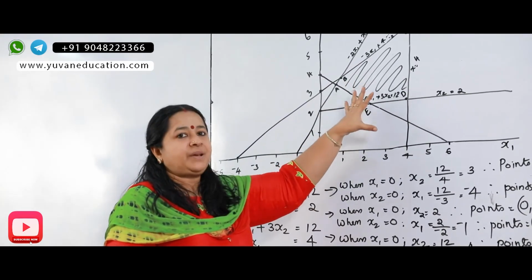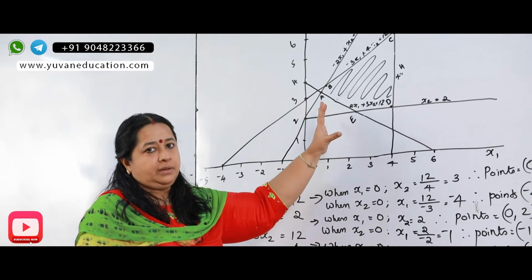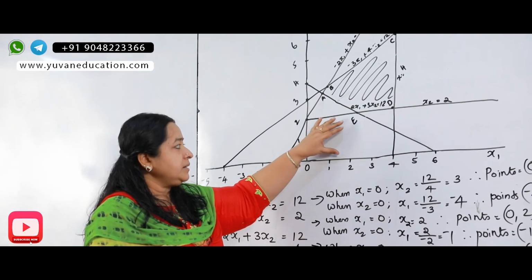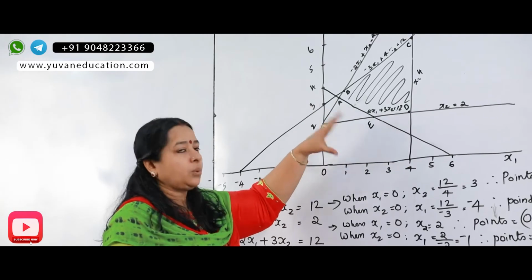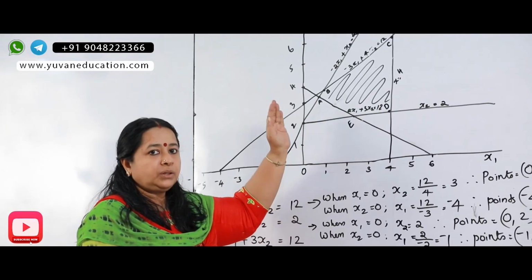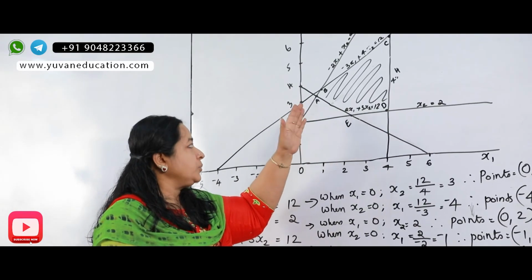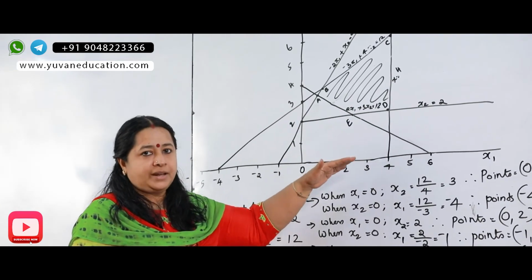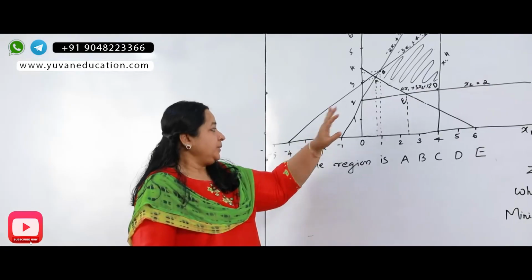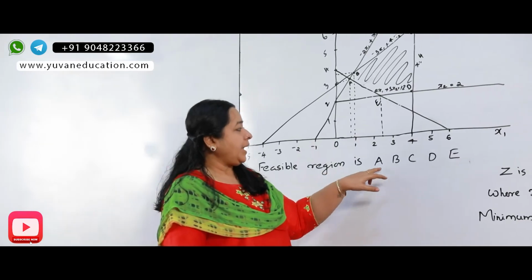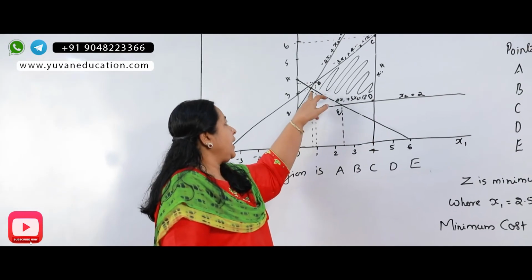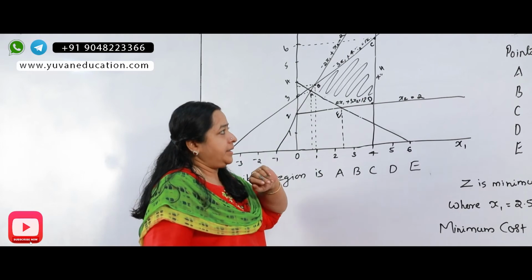Usually this happens in minimization case because you can develop a feasible region here or here because you need to touch all lines. Okay, so the feasible region is A, B, C, D, E.